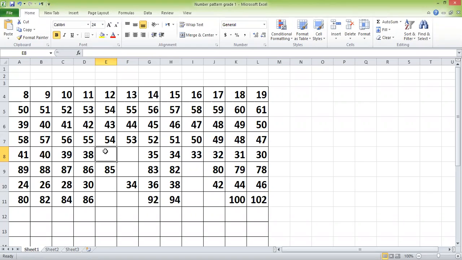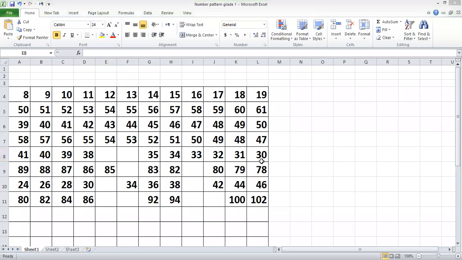Because in the pattern, after 38, 37. Okay, how do you know? Because in the pattern we are subtracting one, or we are counting back in ones. Right? That's very good.